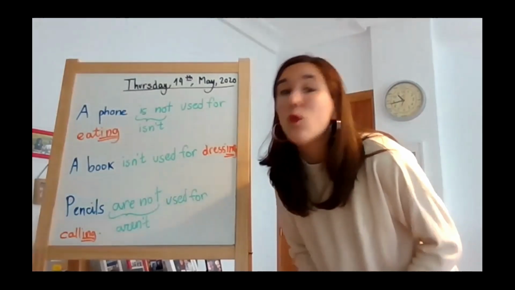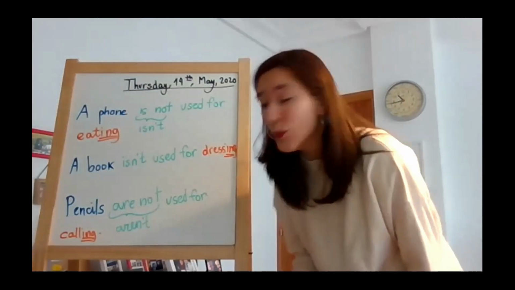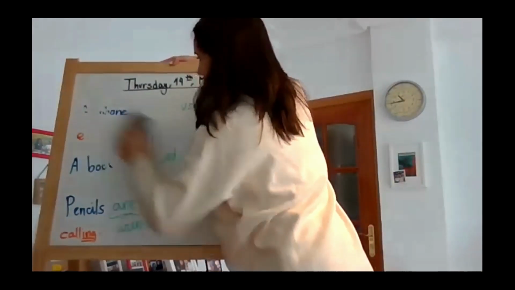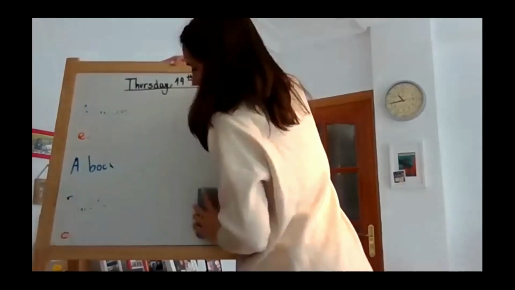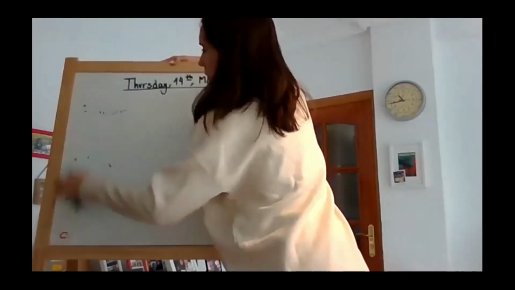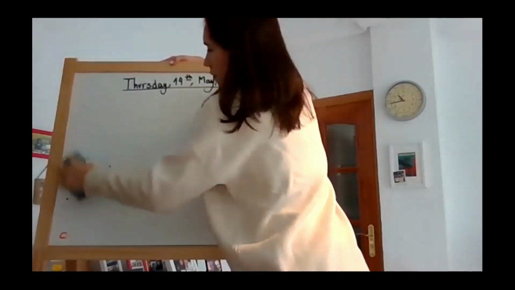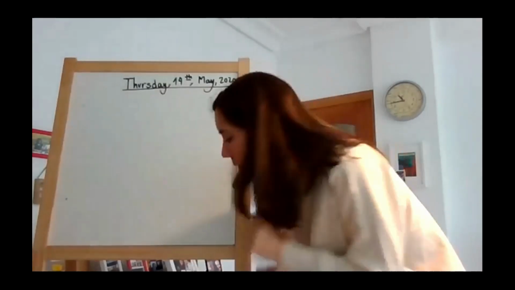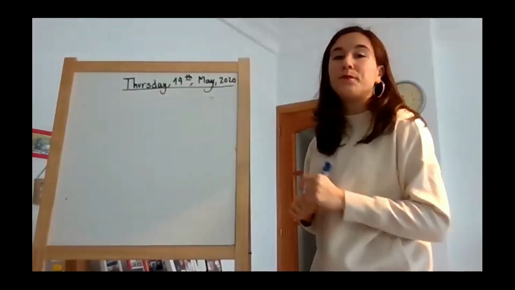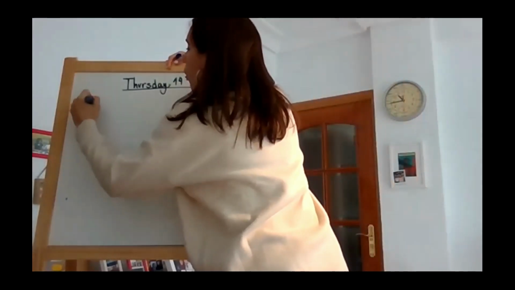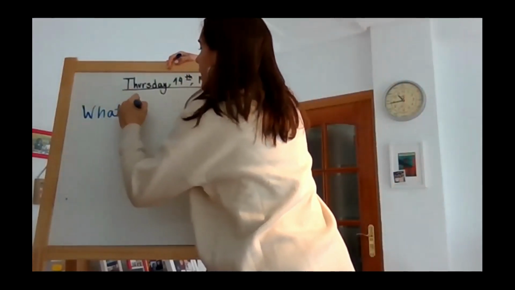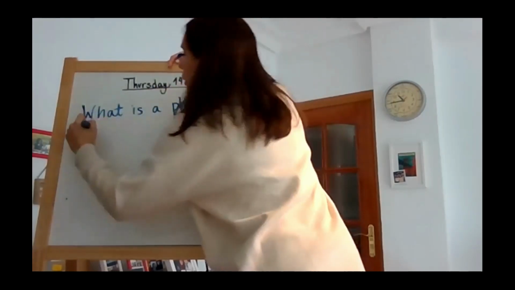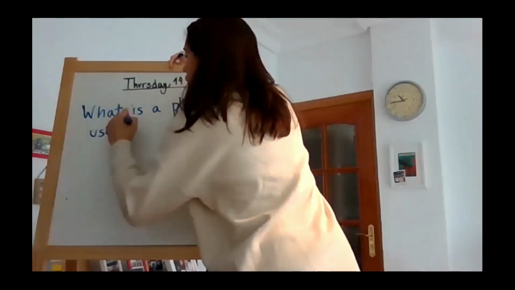And then how can we ask about what we can do with an object? We can write, for example, what is a phone used for?